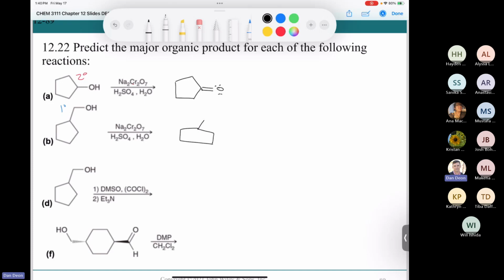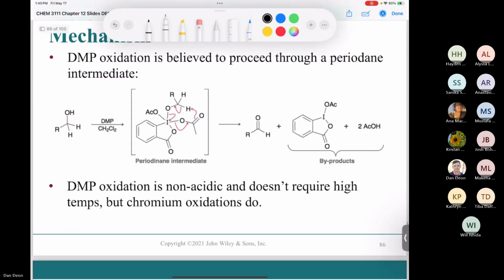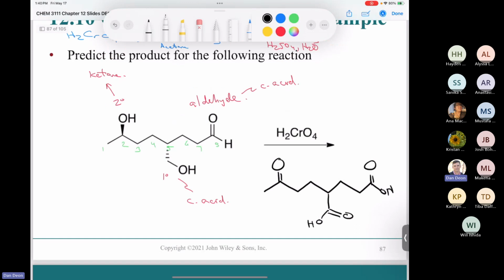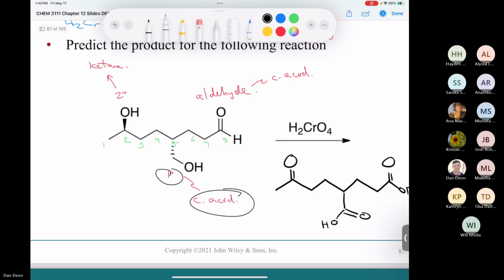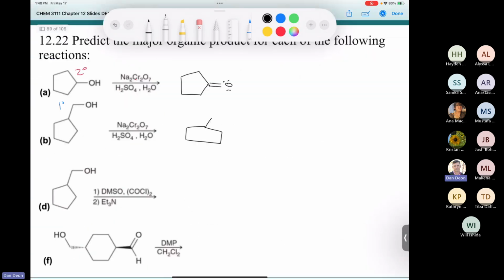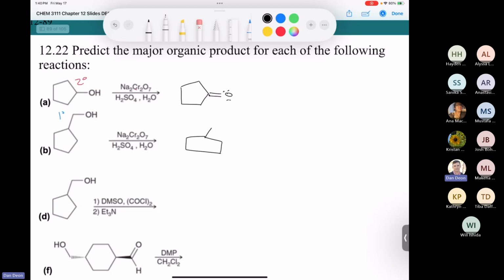So chromic acid will oxidize a primary alcohol all the way to a carboxylic acid. All right, so there we go. We're going to end up with a carboxylic acid, so we have a carboxyl group here.